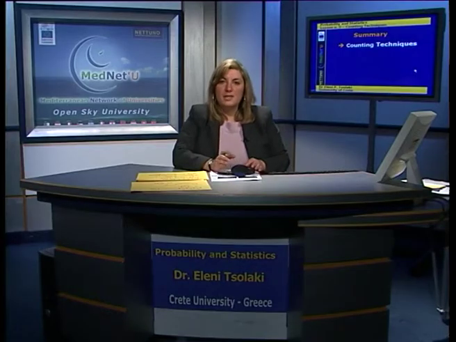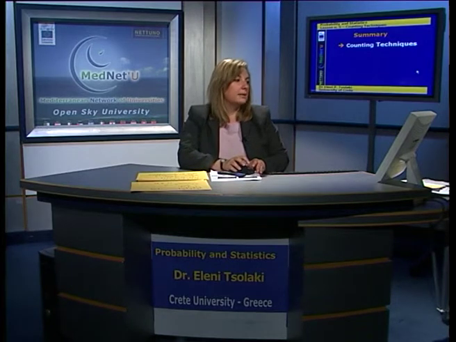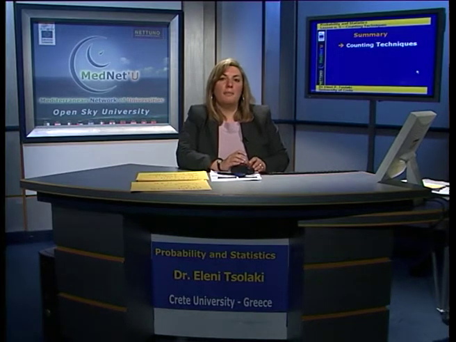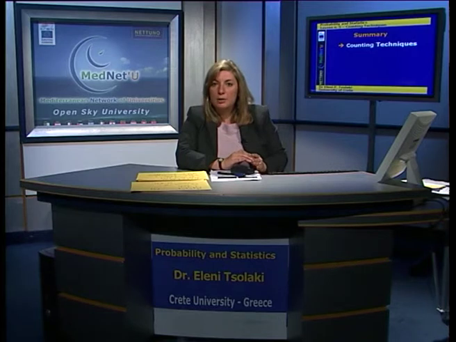What we have seen in this lesson is counting techniques. We need the counting techniques in order to calculate probabilities, when we use the rule for the probability when we have equally likely outcomes.